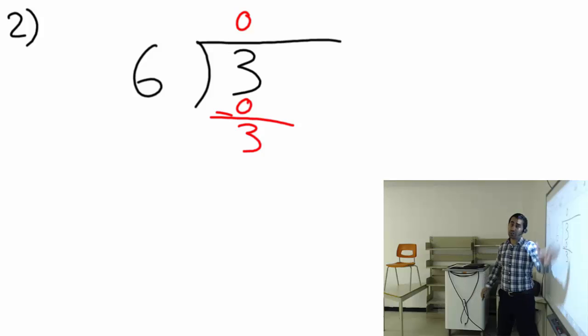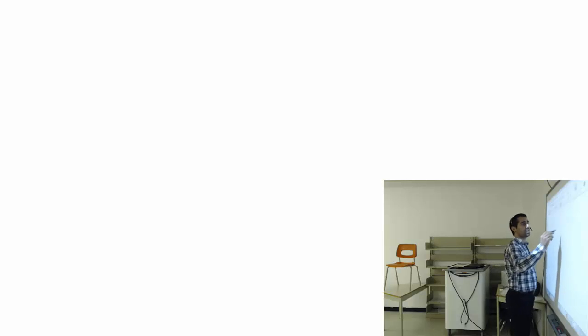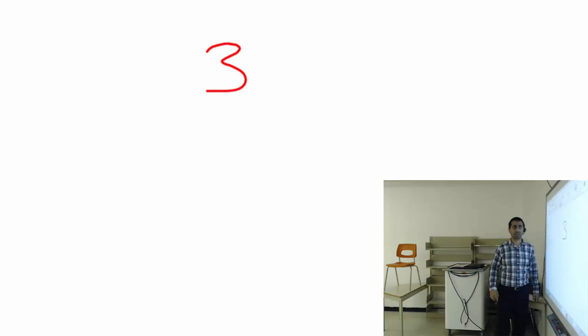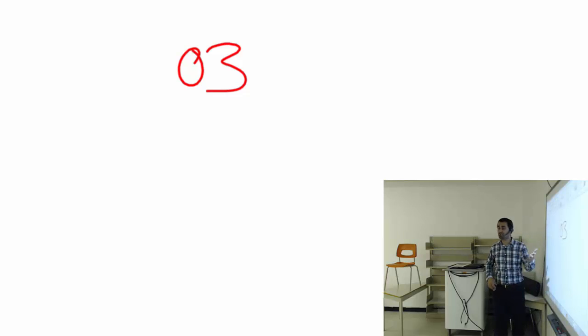So there is no number to divide, but there is a number left here, 3. So it is not 0, so my division is not over. Until I get 0, I will continue. So what can I do? Well, what I know about numbers is that when you have the number 3 and you add 0 in front of it, it's still 3.